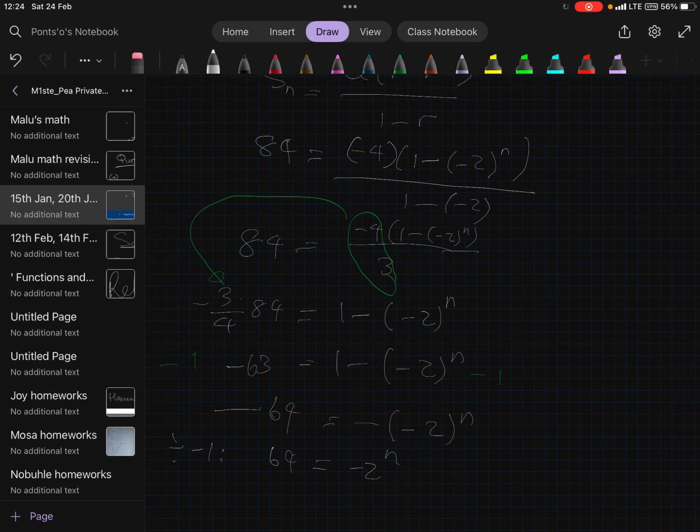In other words, 2 times 2 times 2 and so on. It should be 6 times, but I want you to think of it like that. 2 multiplied by itself 6 times gives you 64. Okay, and if you do it 5 times, is that correct?